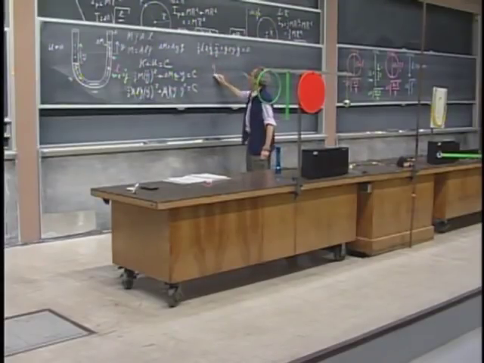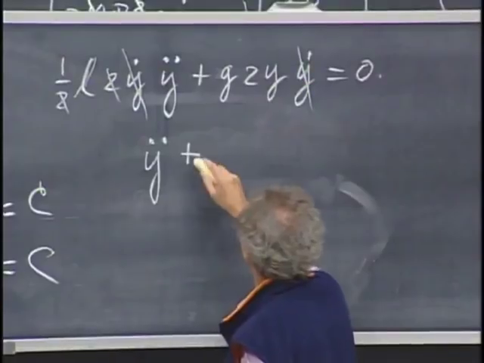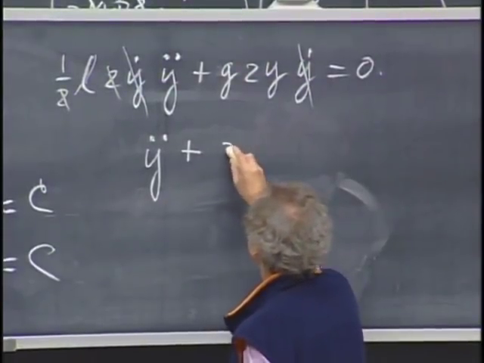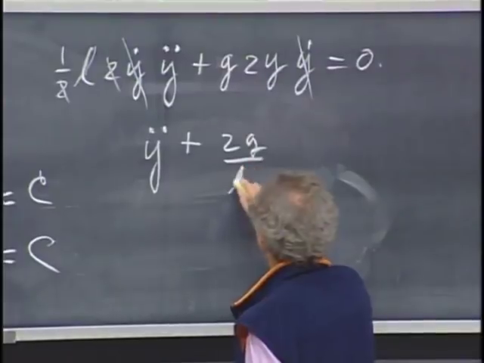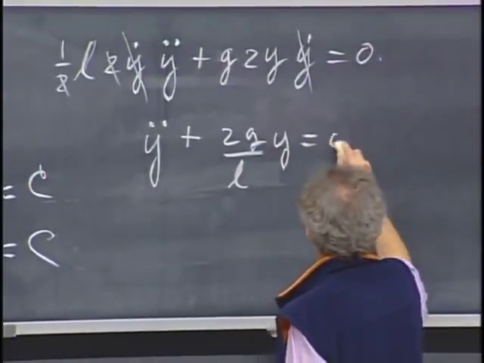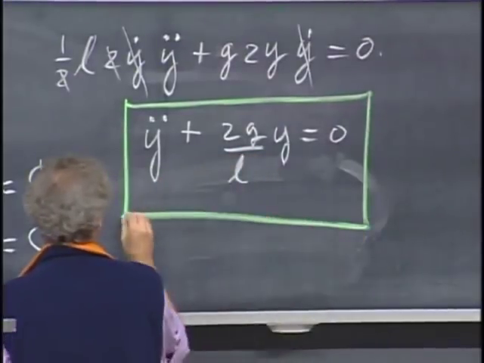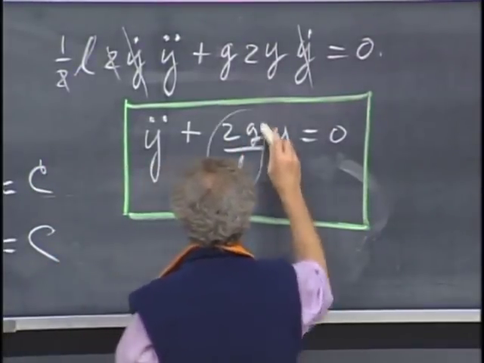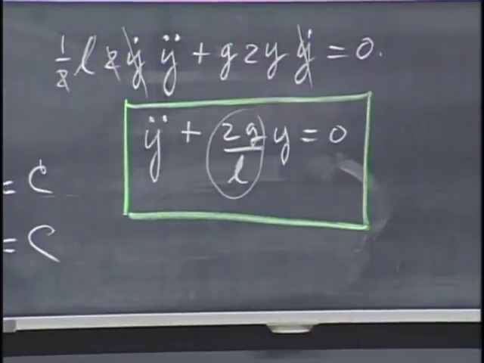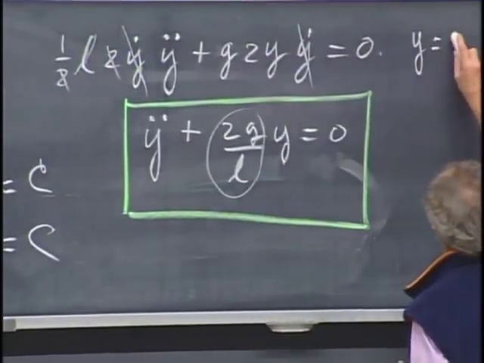And so I find that Y double dot plus 2G divided by L times Y equals 0. And that was my goal, because this is clearly a simple harmonic oscillation, because this is a constant. And it will oscillate in the following way.